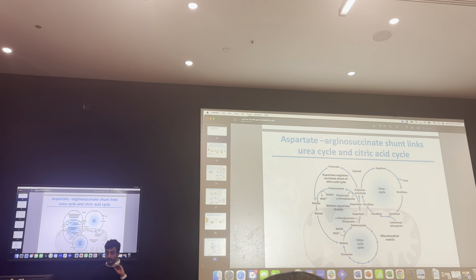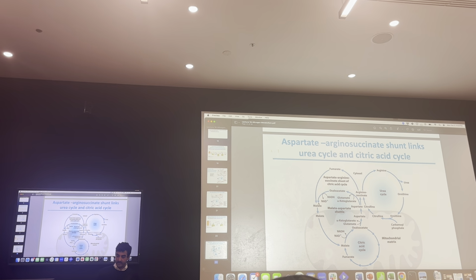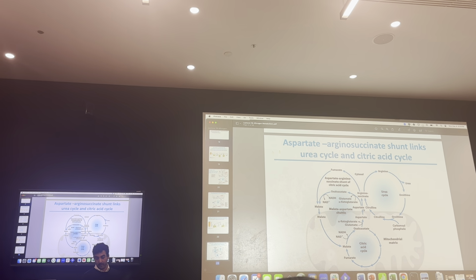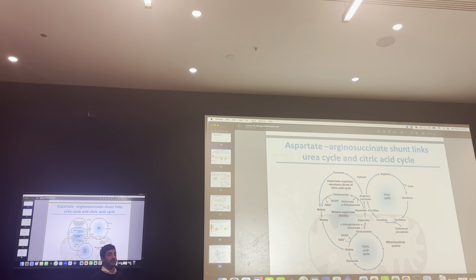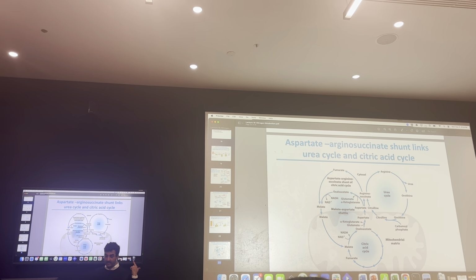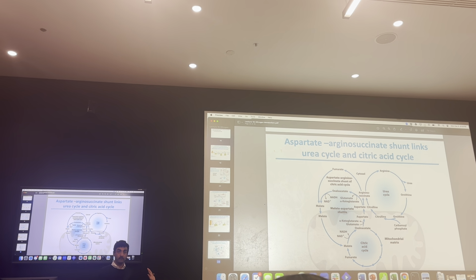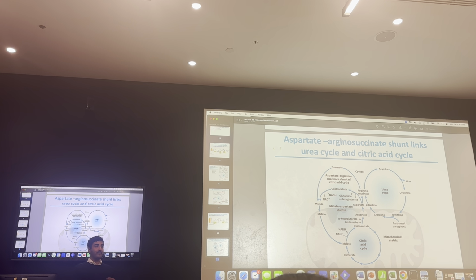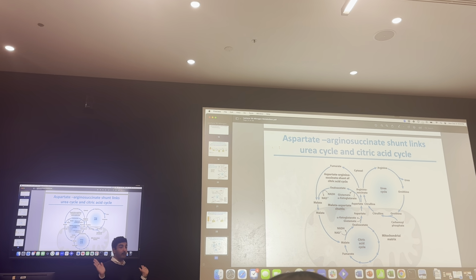So I would probably focus on the shuttles: what molecules can actually be moved in and out of the mitochondria. In this diagram alone, we're seeing aspartate, malate, citrulline, and ornithine. Once we start from there, we start to see the different fates of the aspartate.